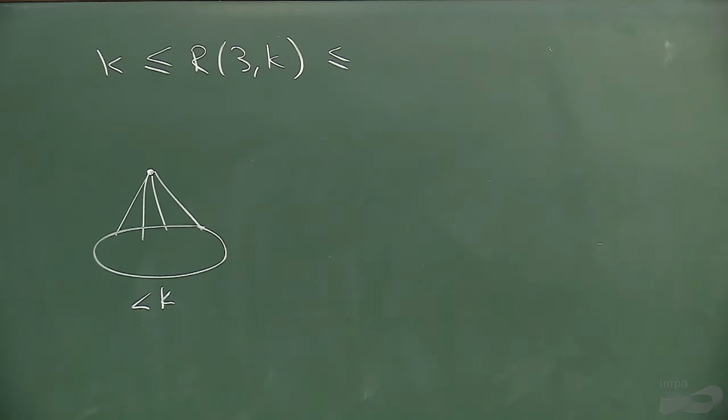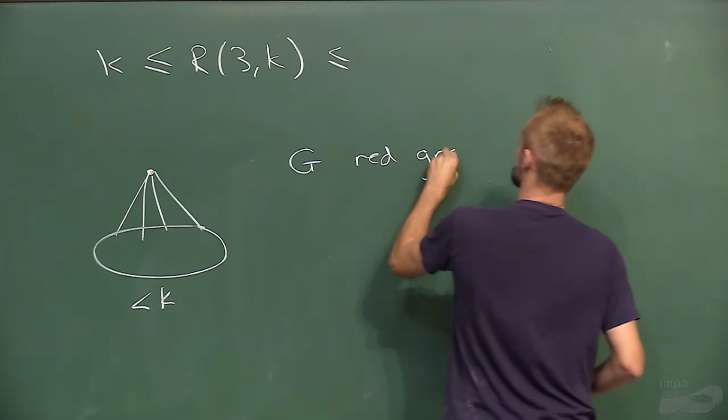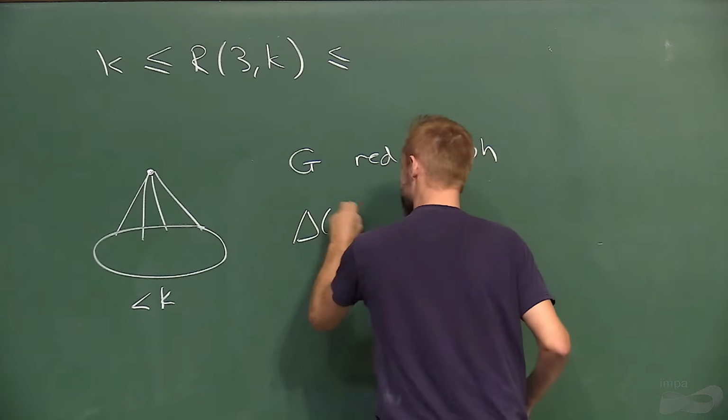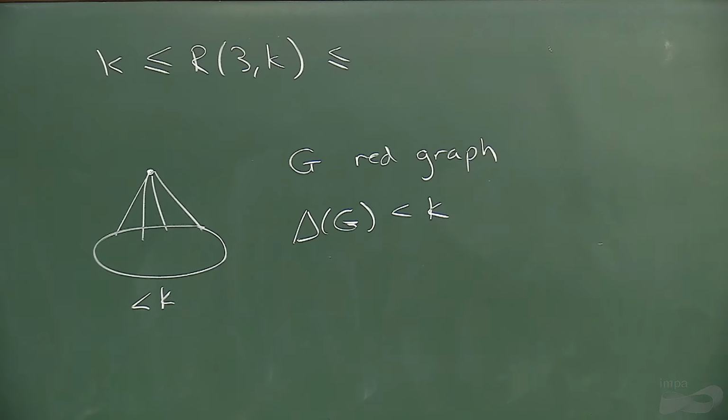In other words, the red graph has maximum degree less than k. And we want to find a large blue clique. So G is the red graph, and the maximum degree is less than k.